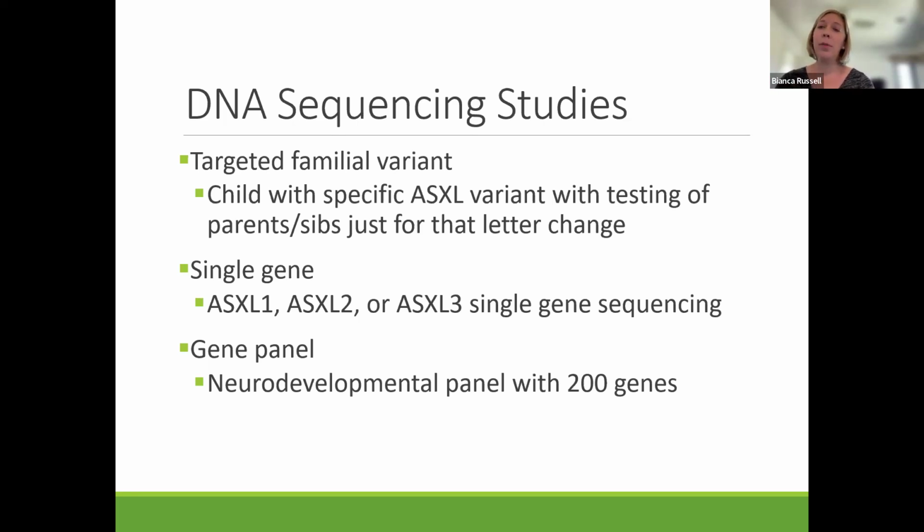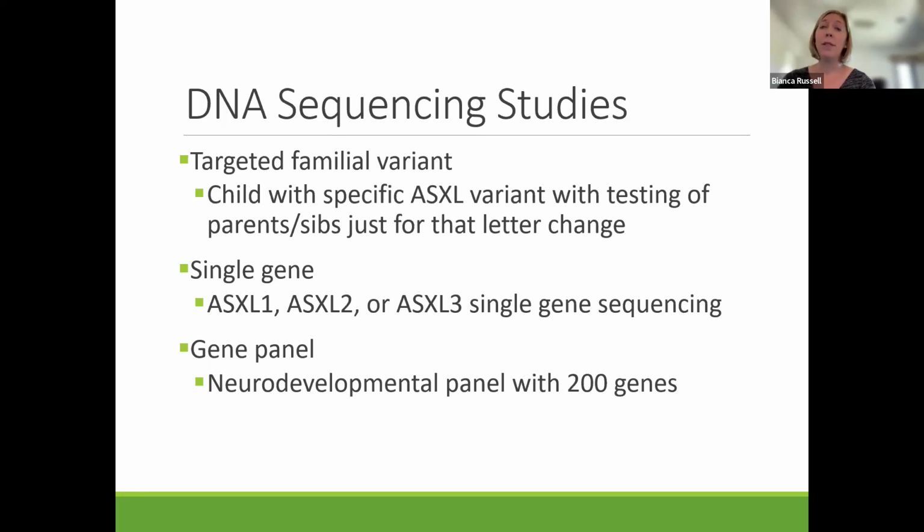Another common testing approach is a gene panel. Many labs have neurodevelopmental panels, for example, where they take 200 or more genes that are associated with neurodevelopmental conditions, and they put them all together on a panel, and that may include the ASXL genes.